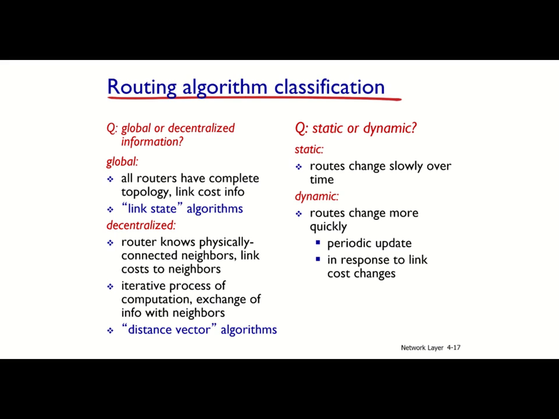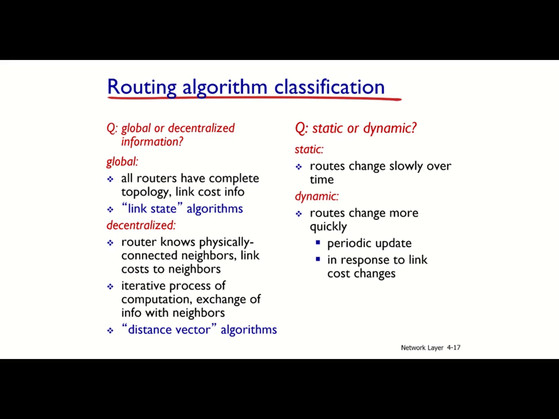On the other hand, we have decentralized information. There are some algorithms in which routers know only physically connected neighbors and link costs to neighbors, not all the link costs or all the nodes, only the neighbors.